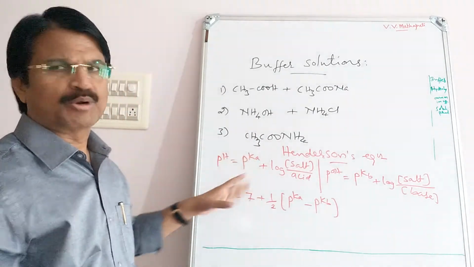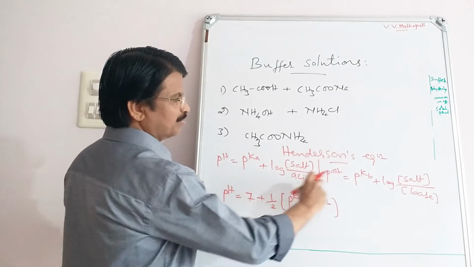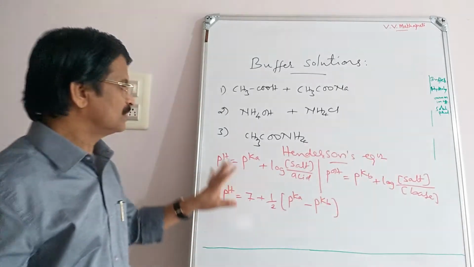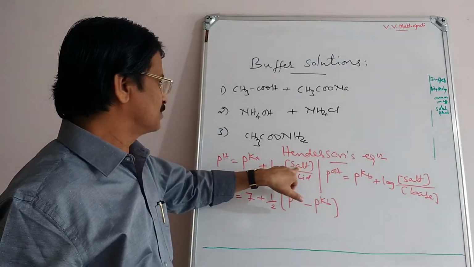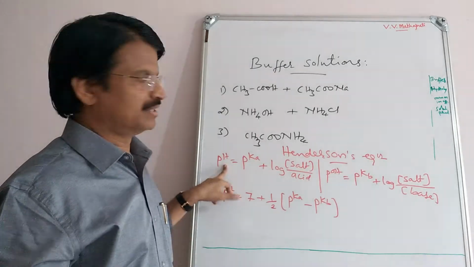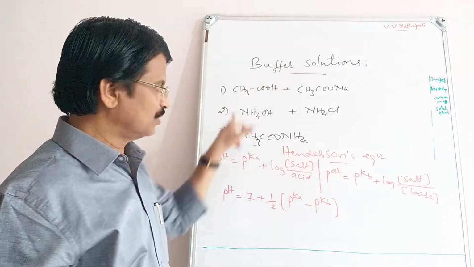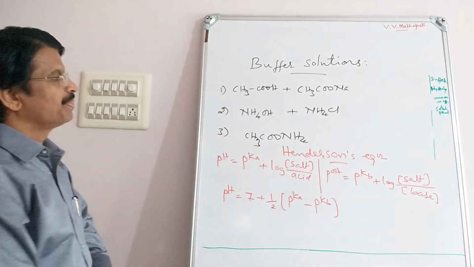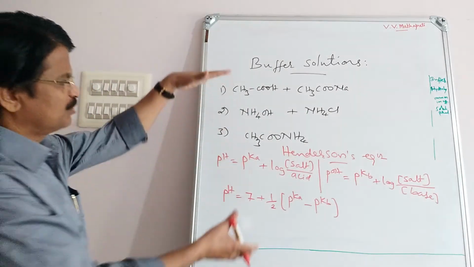We'll solve the problems on this, pH with pKa plus log salt by acid, and this one pOH. That's how to calculate concentration of salt, or pH of the buffer, or pOH of the buffer. You can solve the problems on this buffer. So the main theory part, this is enough.